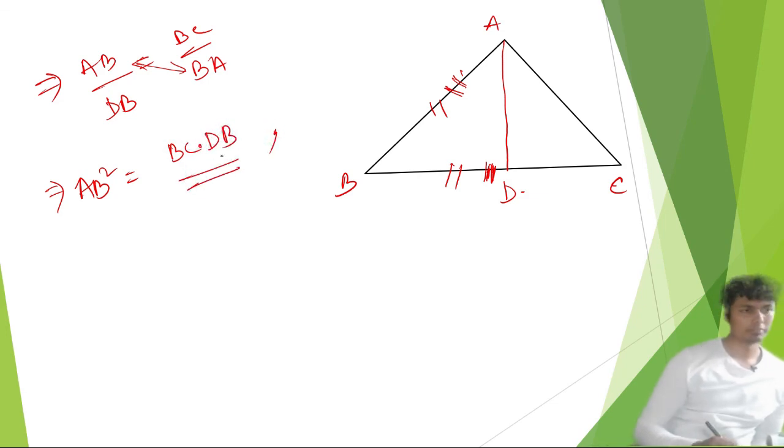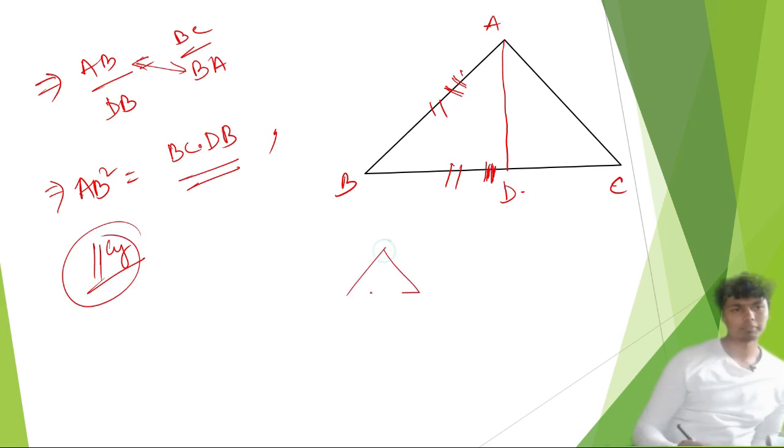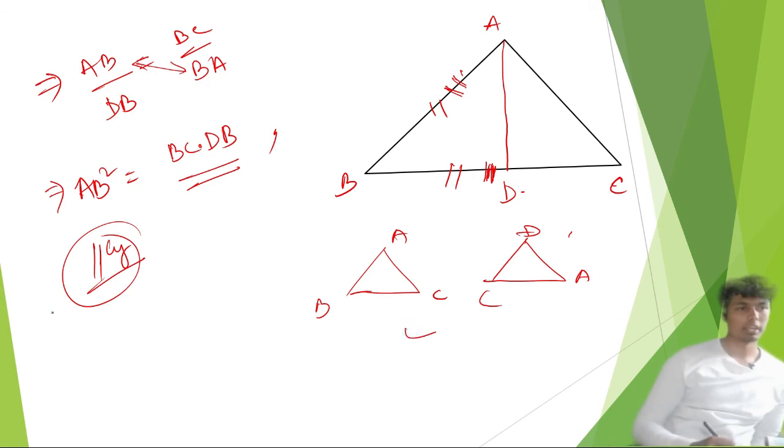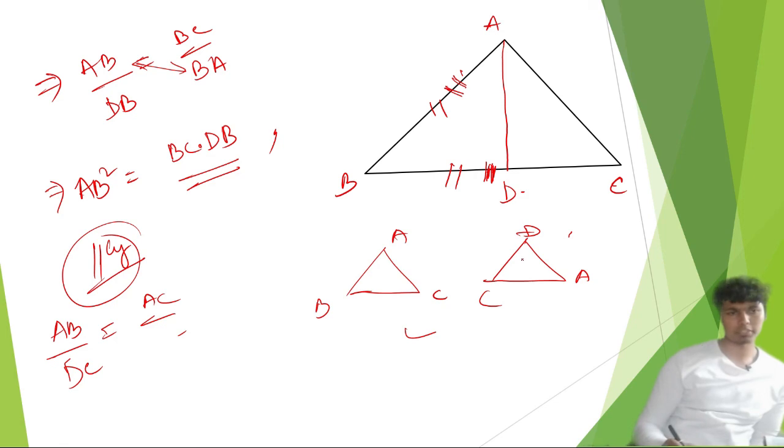Similarly, if you take another triangle, triangle ABC and triangle DCA, like before, then also we can write AB by DC is equal to AC by DA. Have I written any mistake?